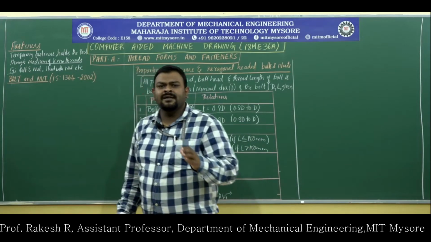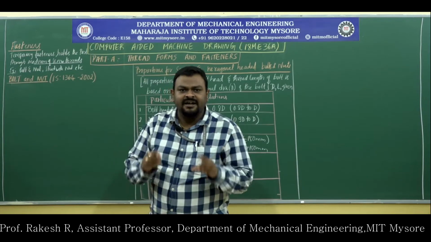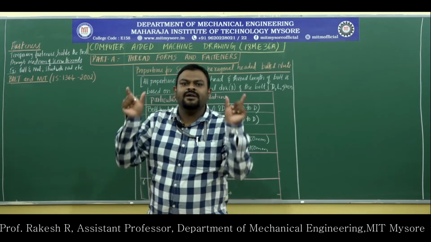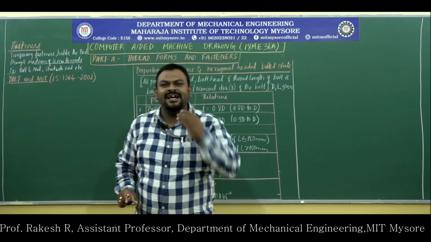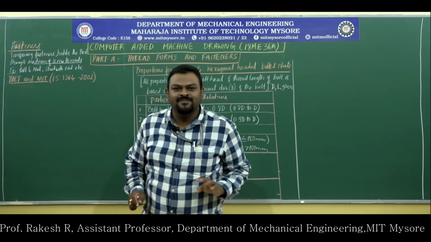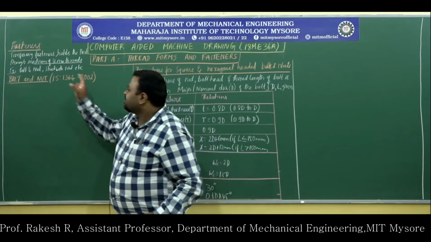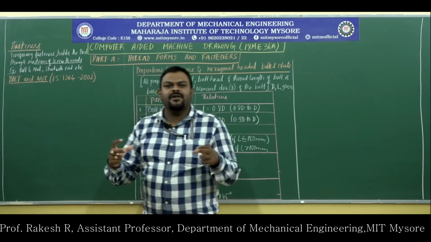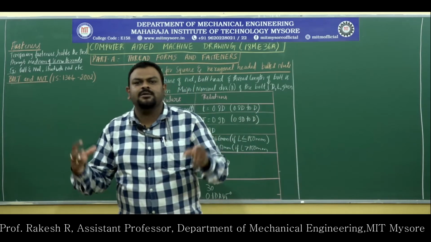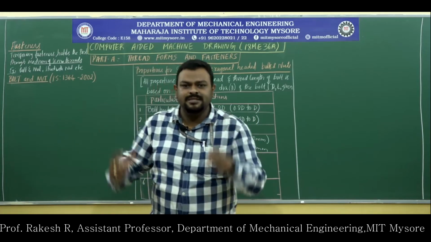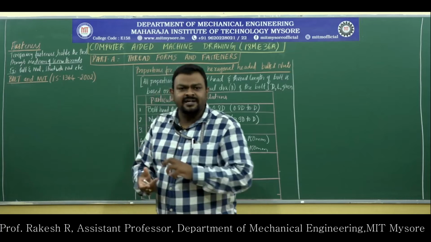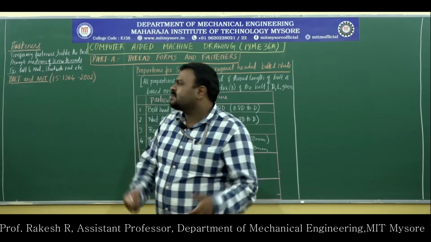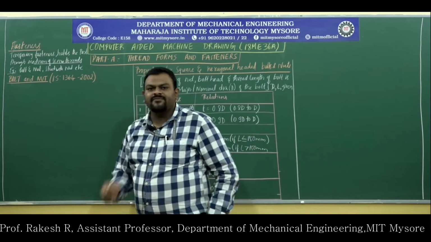A stud is a cylindrical structure having threads on either side. There is no head. A bolt without a head is a stud. So there is the flexibility of having two attachments on a cylindrical component on either side. For the stud, you can have a nut, or a stud with a lock nut. These are examples of temporary fasteners.